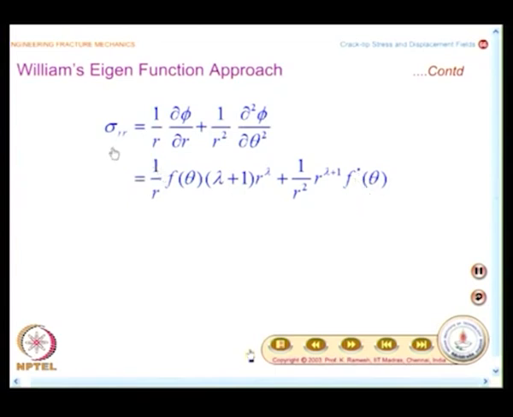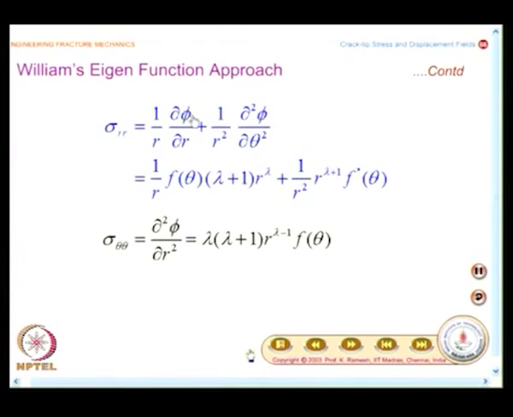We also know how to evaluate sigma theta theta, which is given as dou squared phi by dou r squared, that is equal to lambda into lambda plus 1 r power lambda minus 1 f of theta, because we have already assumed the nature of the function phi.